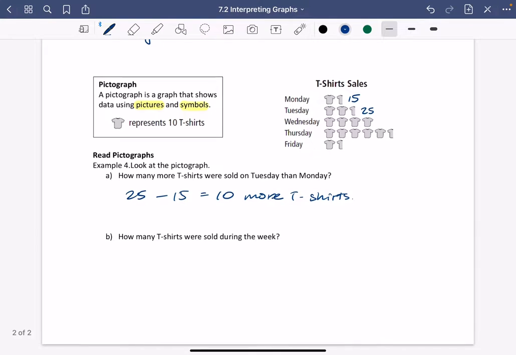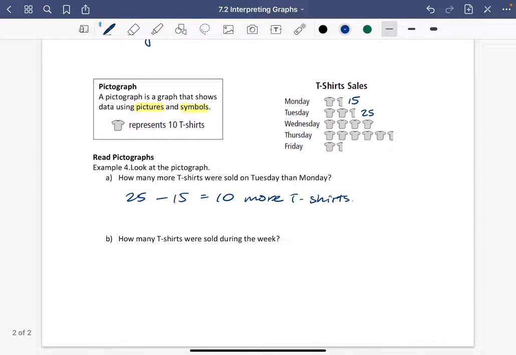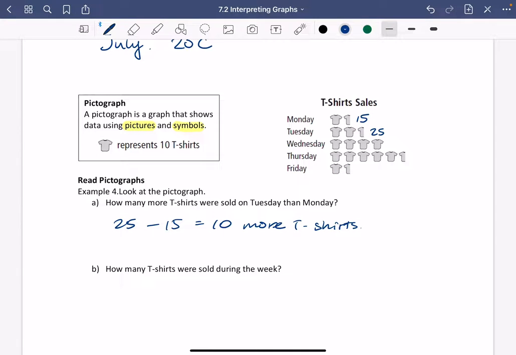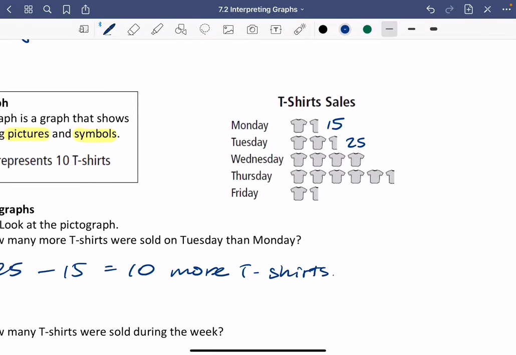Okay, second one. How many t-shirts were sold during the week? Here we have 5 days. Let's look at how many t-shirts were sold on the other days. 10, 20, 30, 40. It's 40 on Wednesday.